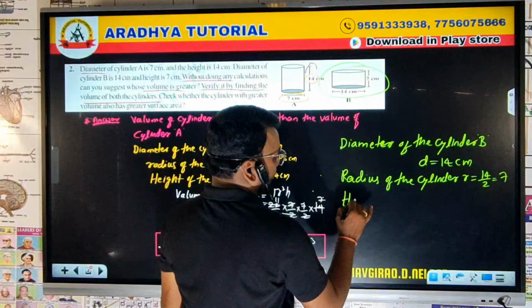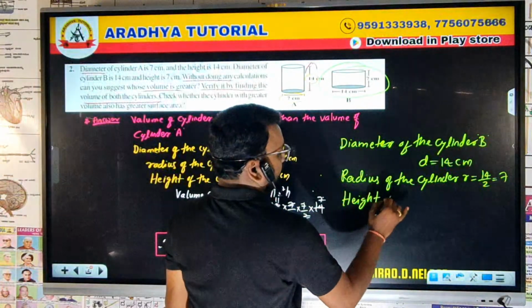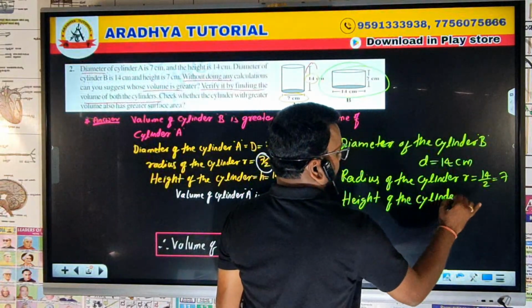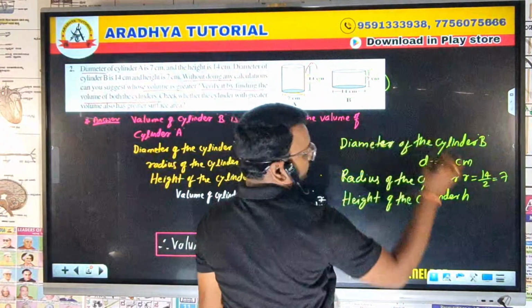And height of the cylinder, that is H equals to 7 centimeter.